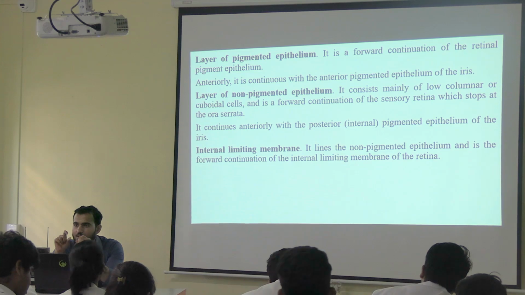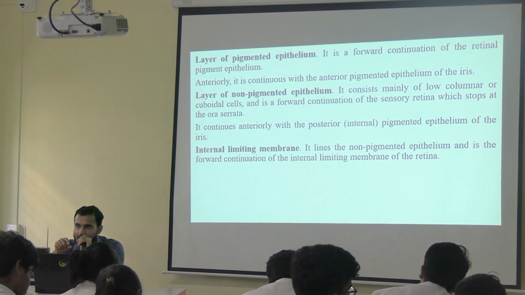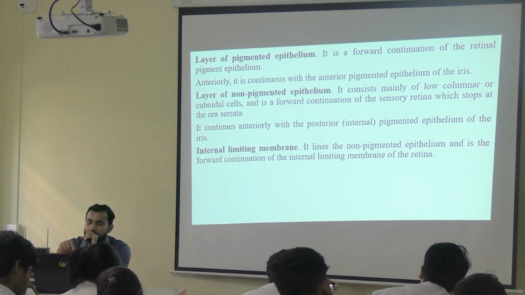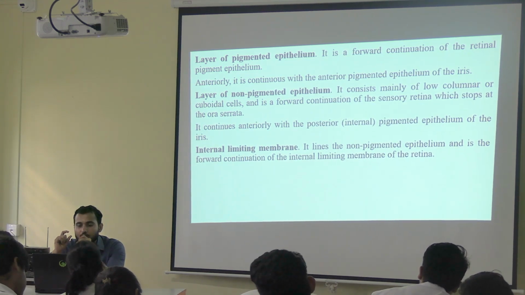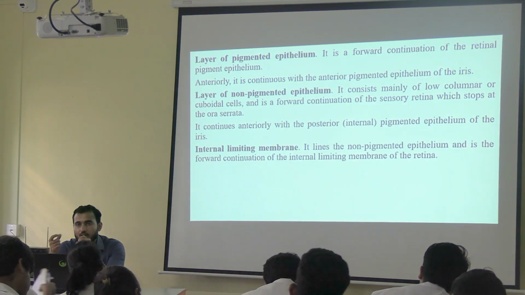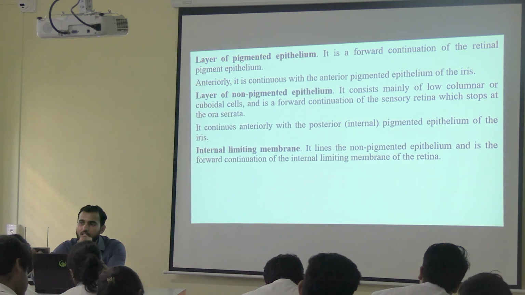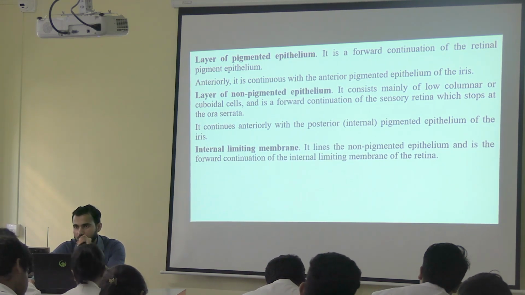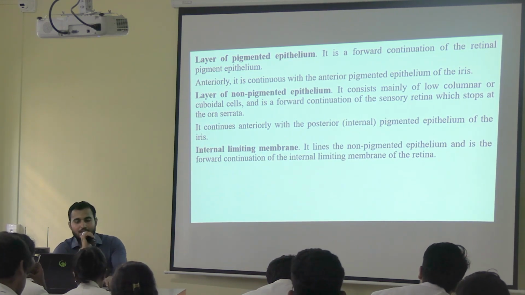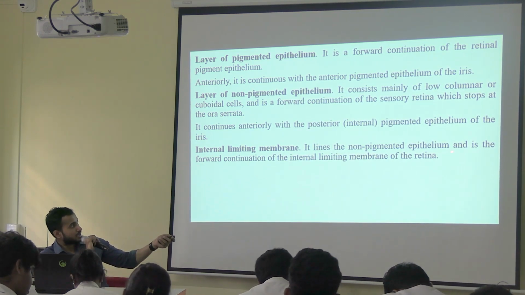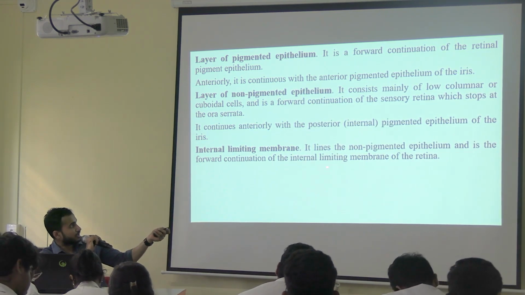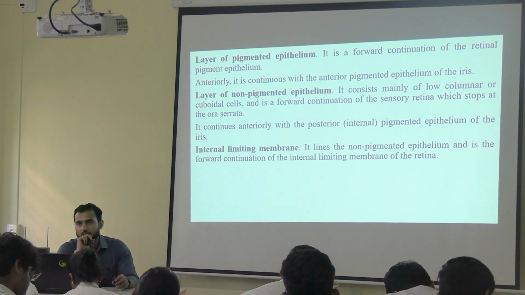Inside them blood vessels and capillaries are present, and they are lined by this double layer epithelium. The non-pigmented epithelium cells produce the aqueous humor. And lastly, the internal limiting membrane, which is a continuation of the internal limiting membrane of the retina.